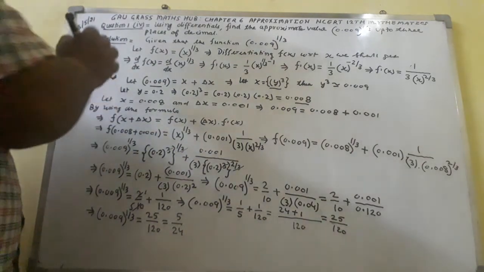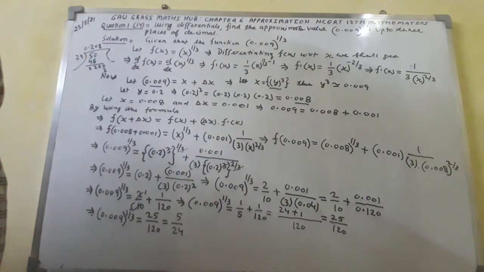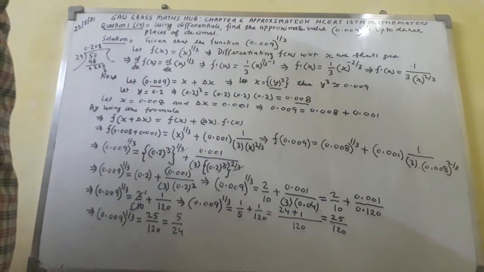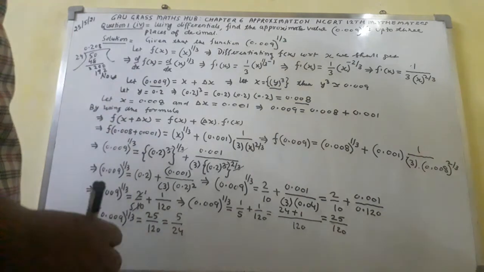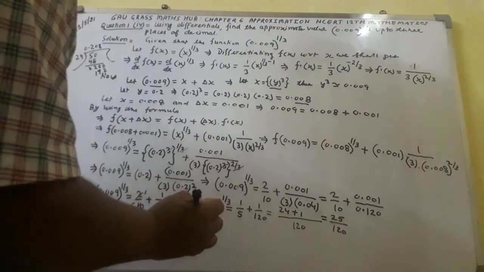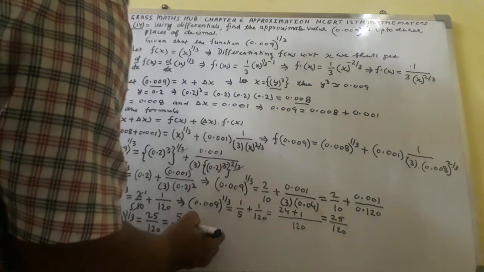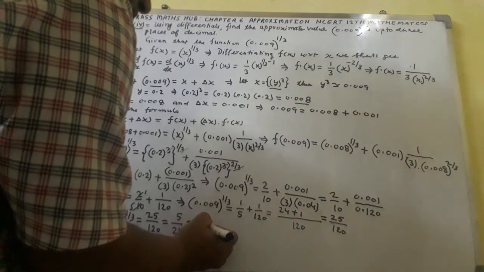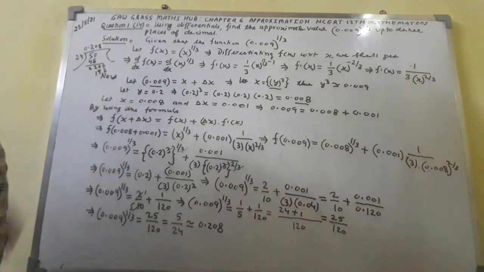Let us see 8 times. 8 fours are 32, 8 twos are 16 plus 3, 19. This one we approximately got. So here you will get approximately 0.208. This is the approximate value I have got.